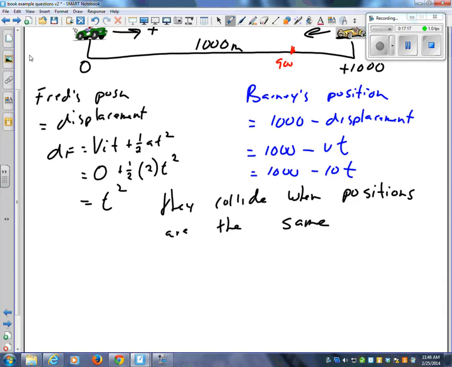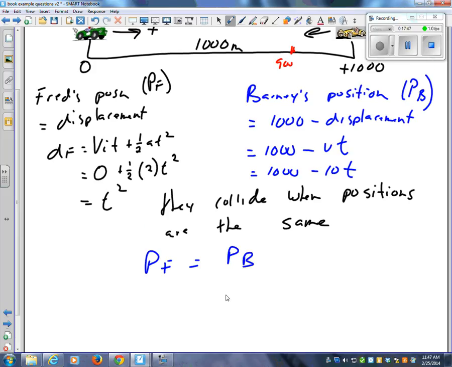Fred's position, which we'll call PF, and Barney's position, which we will call PB. So PF is equal to PB.